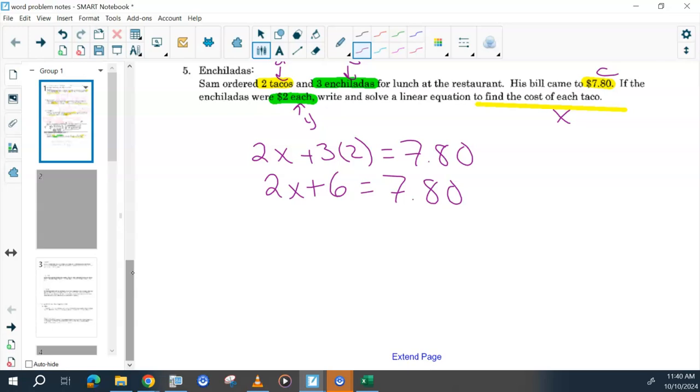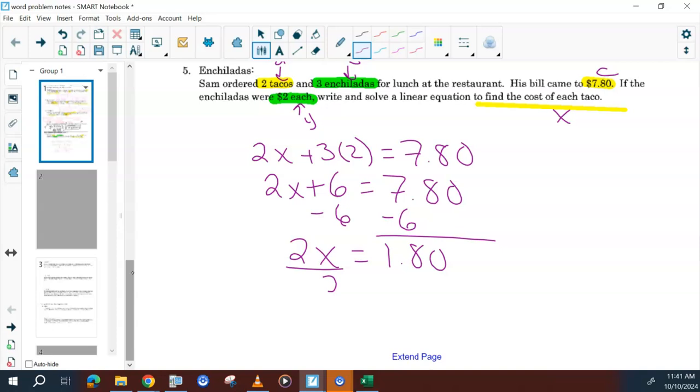And then get rid of 6 first by subtracting. What would that be when we subtract? 1.8 or 1.80, either or.